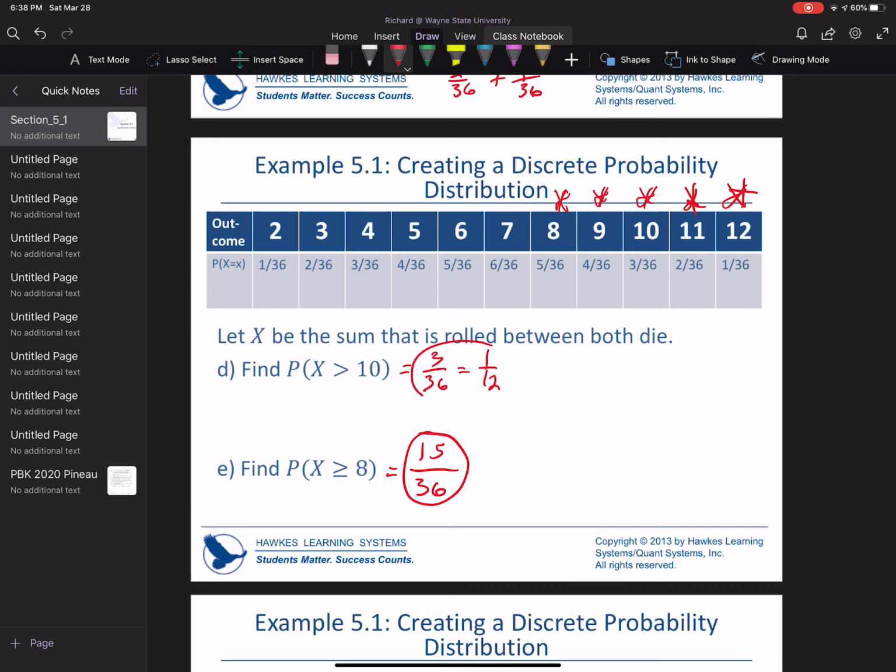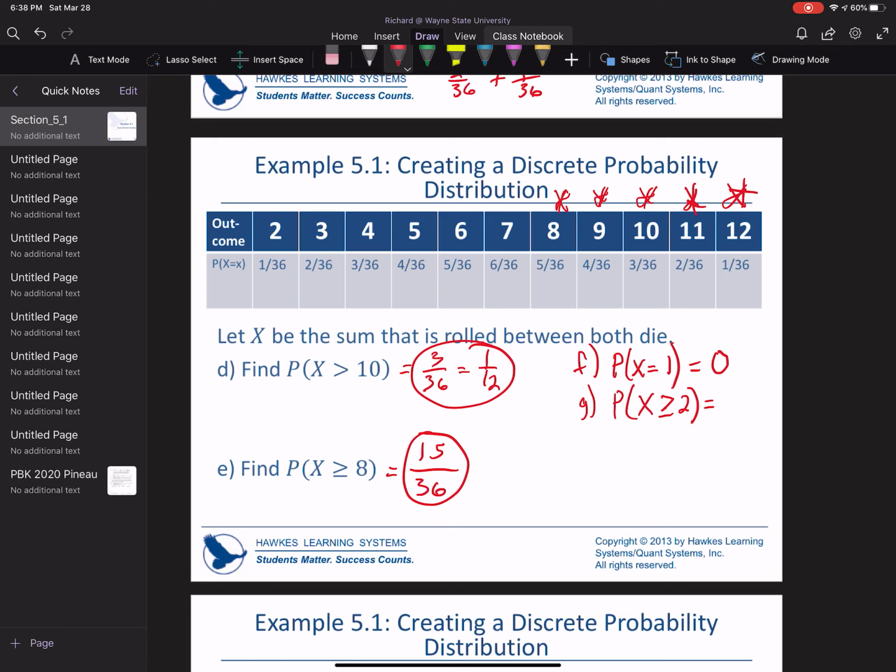So you see there's lots of variation with these. Let's do another one. How about the probability that the sum is 1? Okay, do we have a sum of 1 on here? I don't see that as an outcome, so that probability should be 0. How about the probability that x is greater than or equal to 2?